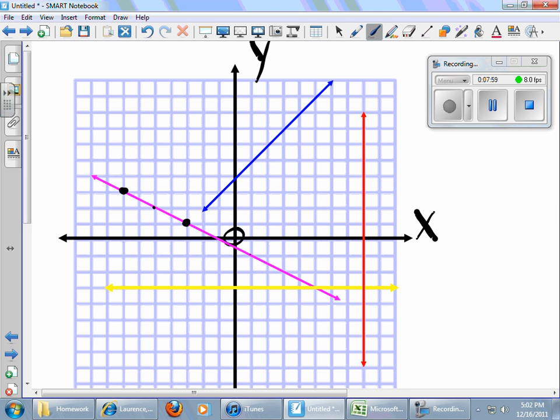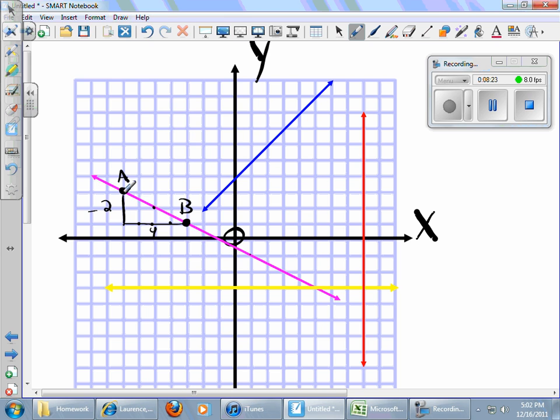Okay, so now I'm going to count my rise and my run. I'll call that point A and that point B. I'm going to go down 2, so that's a -2. And I'm going to go right 4. 1, 2, 3, 4. So that's 4. I put the rise number on top, so the slope of the magenta line, and maybe I should write this in magenta. Let me see if I can do that.